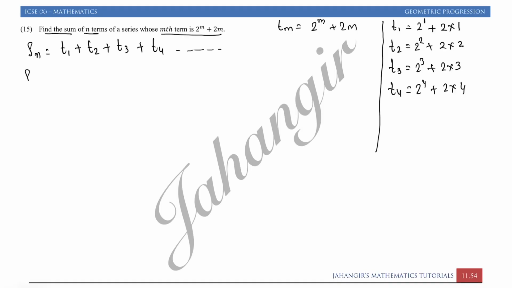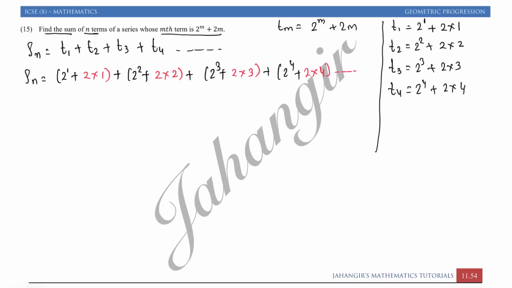So Sn is equal to T1, which is 2 raised to 1 plus 2 into 1, plus 2 raised to 2 plus 2 into 2, plus 2 raised to 3 plus 2 into 3, plus 2 raised to 4 plus 2 into 4, dot dot up to n terms.